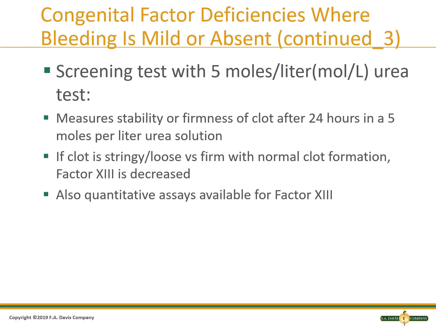So after this 24-hour period, if the clot that has been put into the solution is stringy or loose versus firm, which is what a normal clot should feel like, it shows that the factor 13 is decreased. Also, there are quantitative assays available for checking for factor 13.